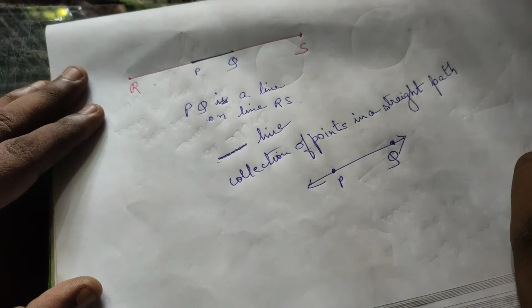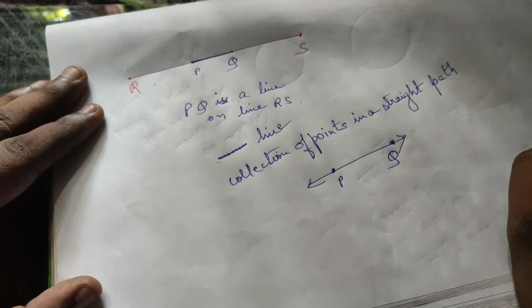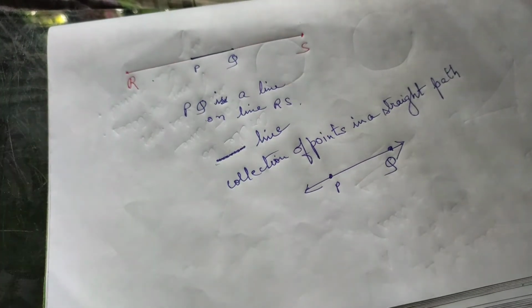This is the way to represent a line. See, I have given you the diagram. Here I have represented a line with arrowheads on both sides because it is extending on both sides.